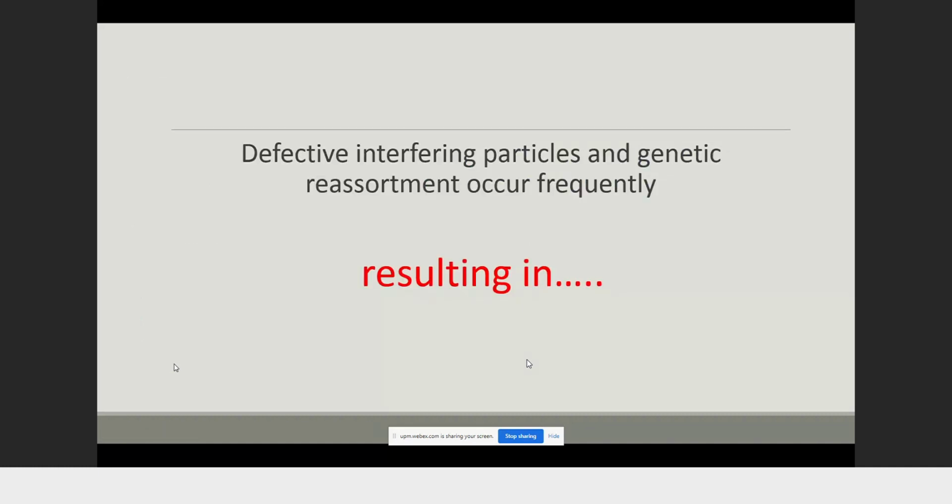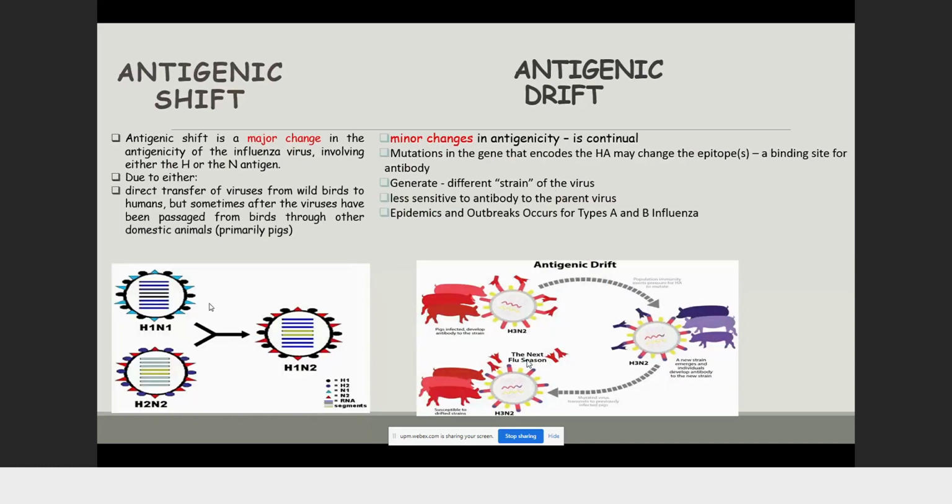Okay, so there is frequent occurrence of interfering particles and genetic reassortment between these nucleotide segments of this virus. It somehow results in antigenic shift or antigenic drift. So these are the mechanisms of how influenza virus undergoes mutation.